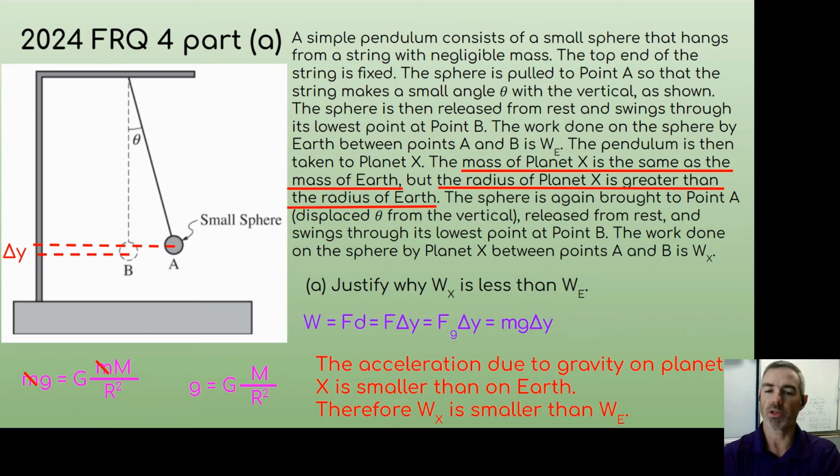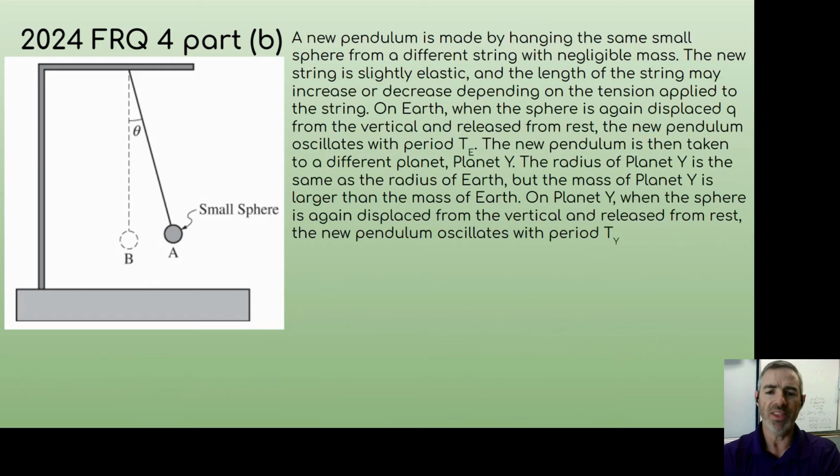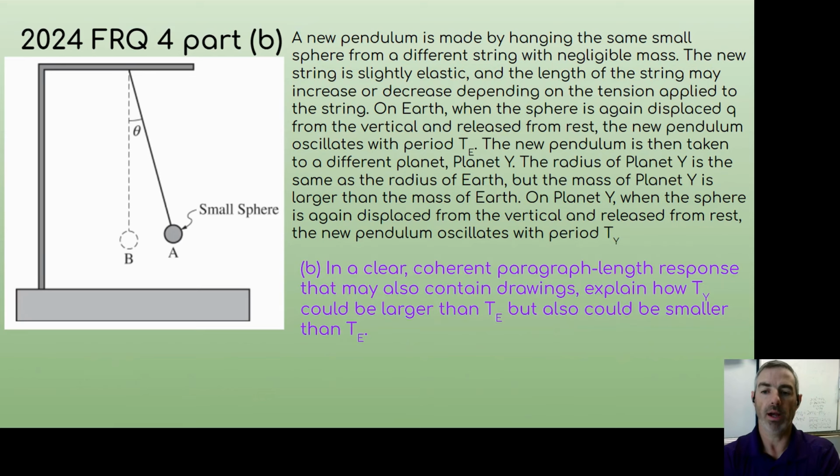Now, the paragraph length response question usually is worth 1 or 2 points. I'm going to guess that it's worth 2 points in this case. The scenario for the paragraph is the same, except we change the string to something slightly elastic, so it can stretch, and the length can vary depending on the tension that's applied. We swing this back and forth on Earth, and compare that to planet Y, a different planet, where planet Y now has more mass but the same radius.